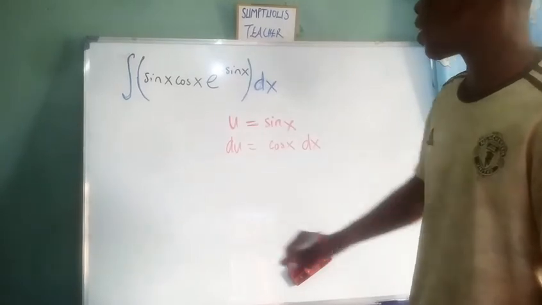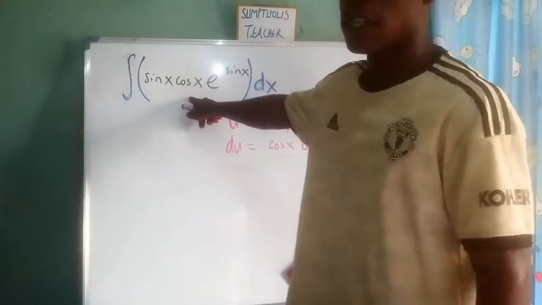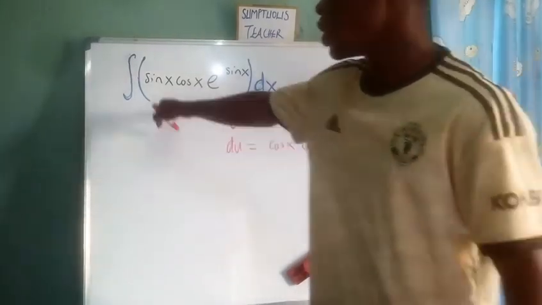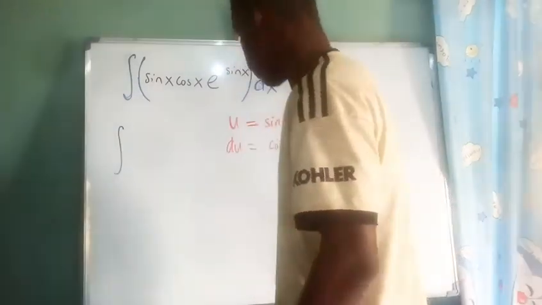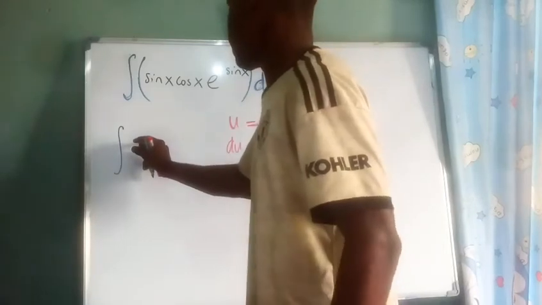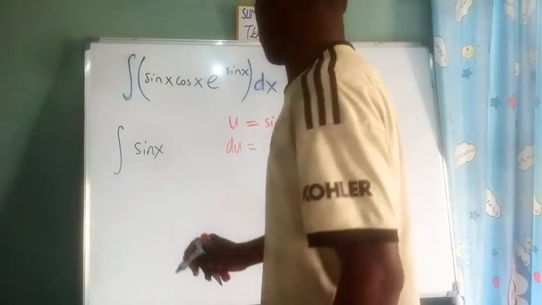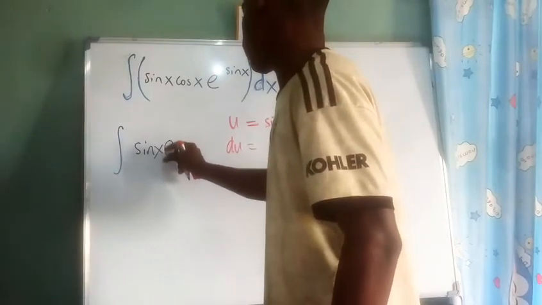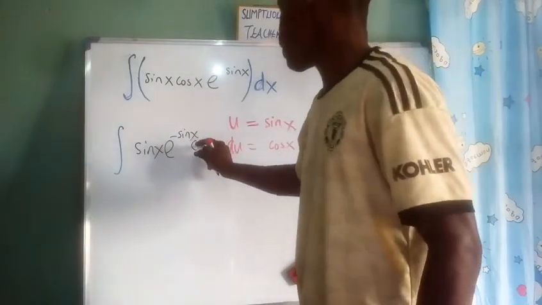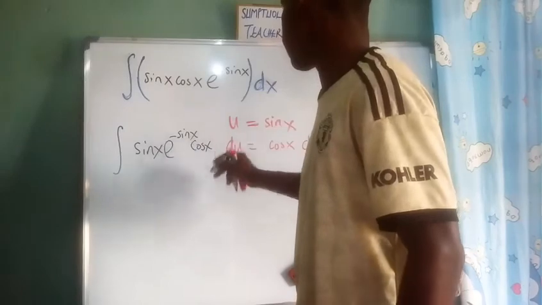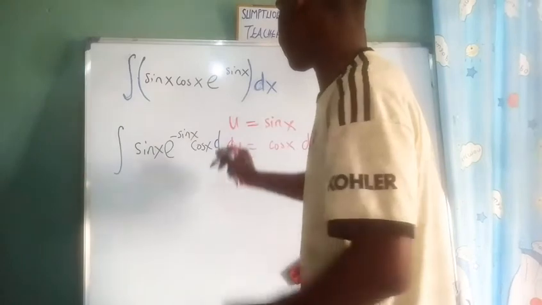The next thing I'm going to look at is the fact that we have cosine of x here and we have the dx. So in this integral, we can do some rearrangement. We have the integral of e to the negative sine of x and cosine of x dx right here.